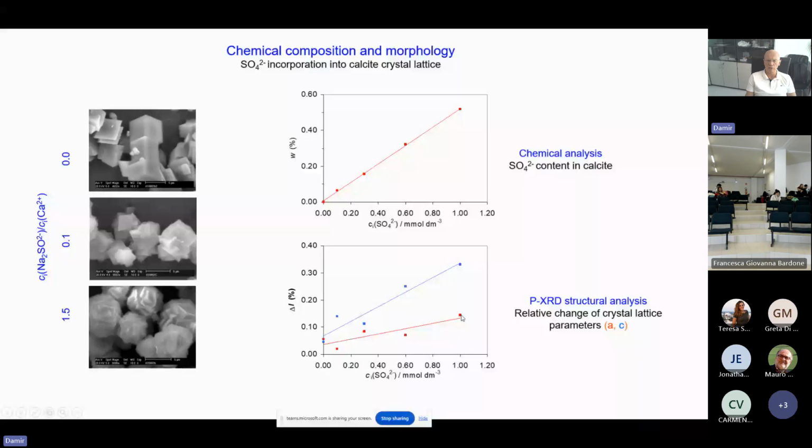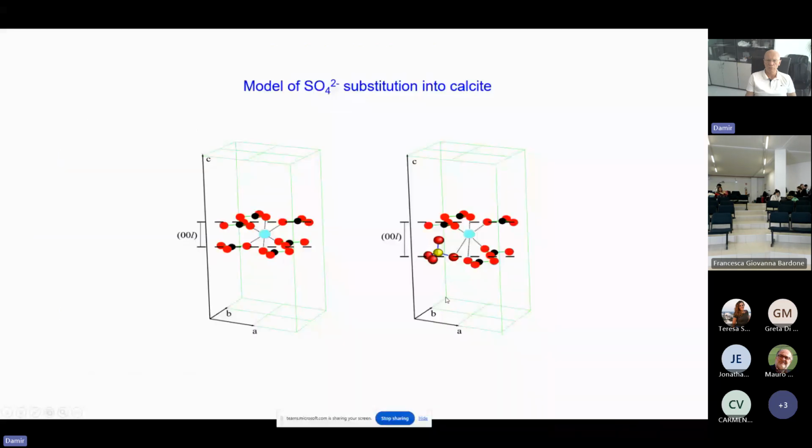So after that, we can make a conclusion about the mode of sulfate substitution into the calcite. Namely, we concluded that sulfate structurally substitutes planar carbonate ions, and since sulfate is tetrahedral, it increases the dimensions of the calcite substructure in the C direction.